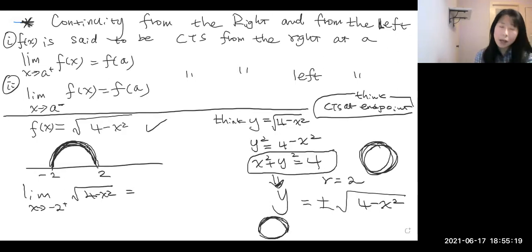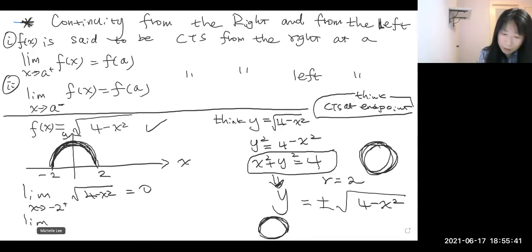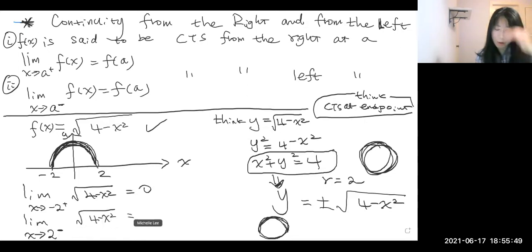Minus, where x approaches negative 2 from the right. So what do you get? -2. 0? 0, okay. How about x approaching 2 from the left? 0.